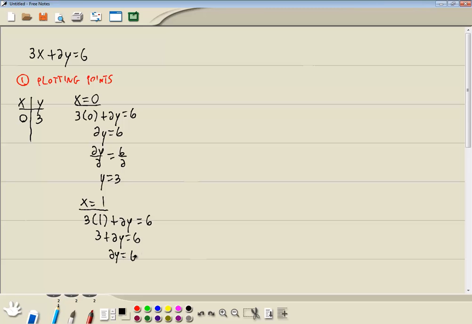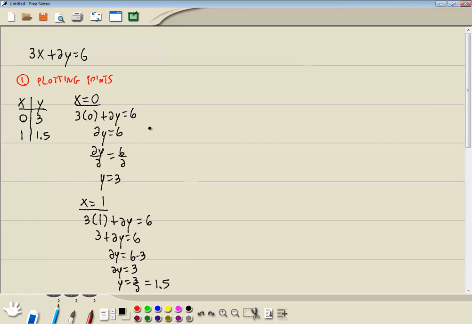We get 2y is equal to 6 minus 3. 2y is equal to 3. Divide both sides by 2. You get y is equal to 3 halves. Now if you're plotting points, it's better to go with decimals or mixed numbers. So if I put 3 halves in my calculator, I get 1.5. So we're going to have (1, 1.5).